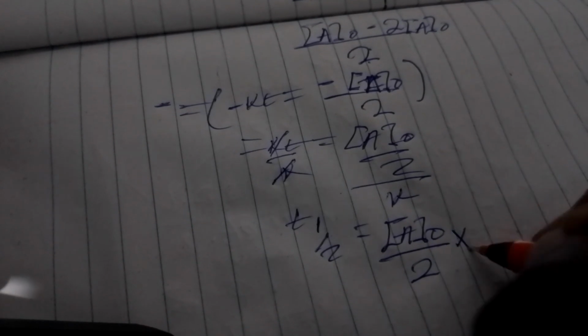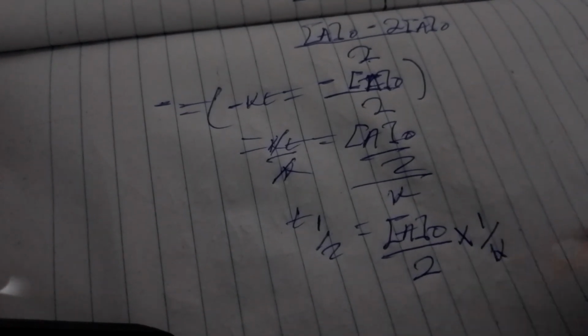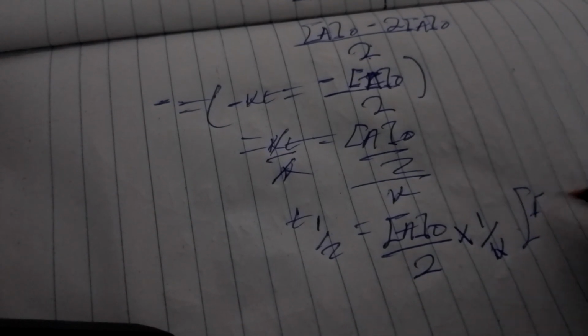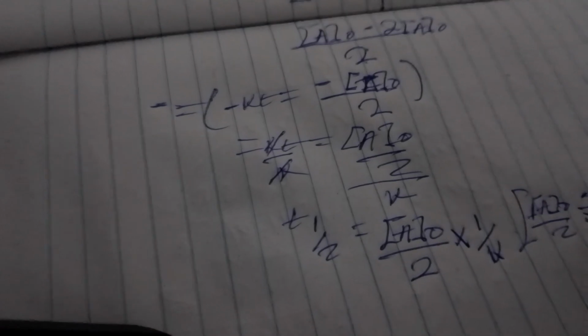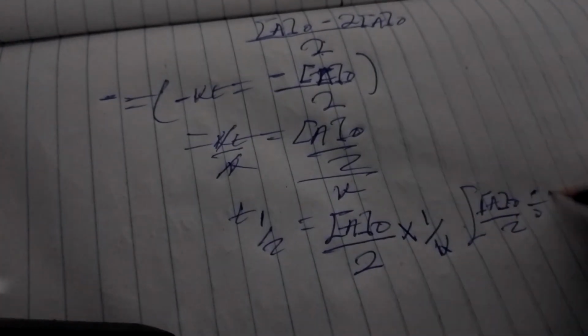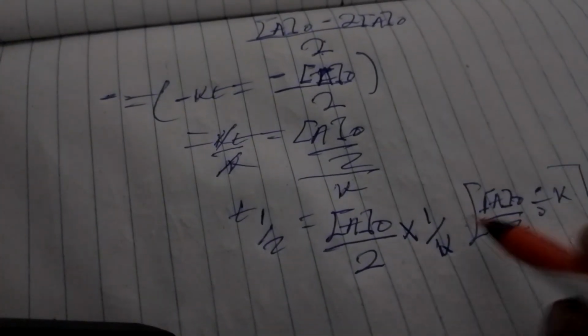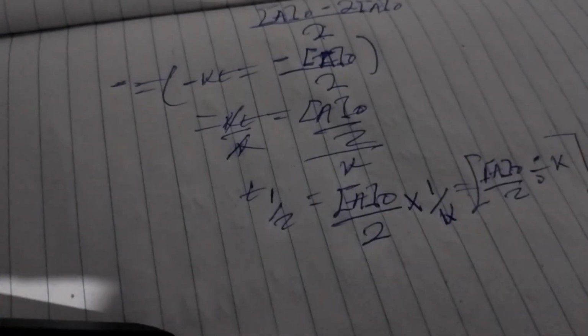decrease by half is equal to, we try to rearrange, the initial concentration divided by 2. Same applies with 1 over K. What I've done here is the same applies: the initial concentration divided by 2 divided by K. So this and this one are the same.